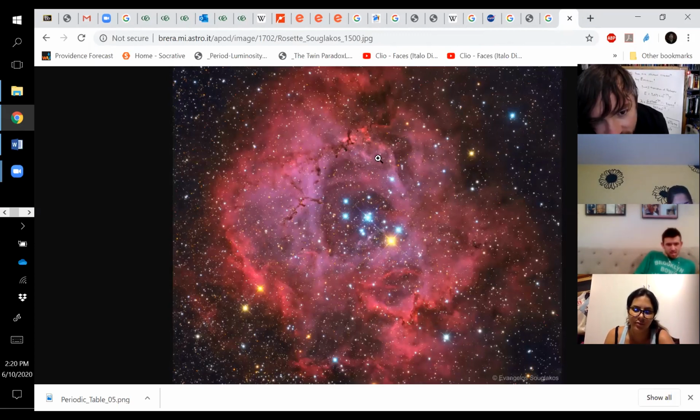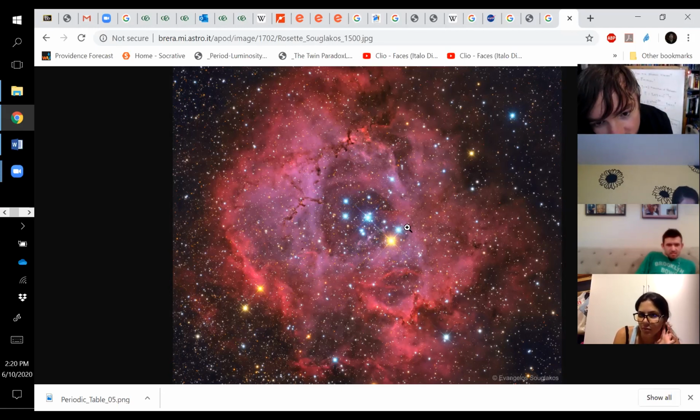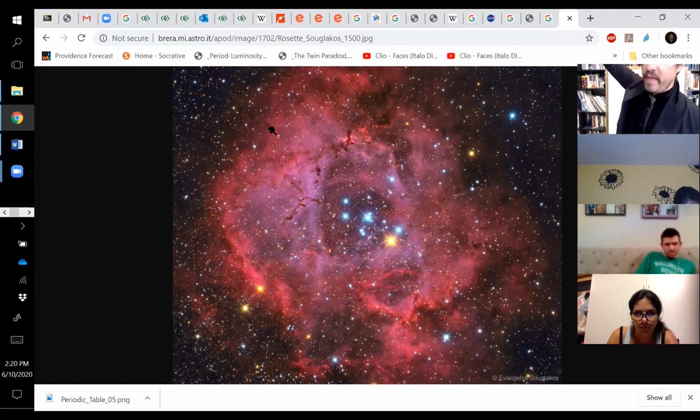All of this hydrogen gas is producing a brilliant red light at exactly 1 wavelength, 656 nanometers. And it's all being caused by electrons which are dropping from orbit 3 to orbit 2 in the hydrogen atoms. This cluster of bright blue stars is pumping out lots and lots of ultraviolet light, which heats up the atoms and makes their electrons jump up to the 3rd orbit.